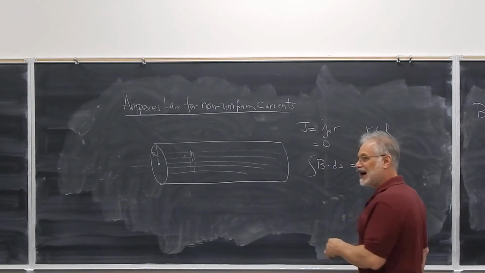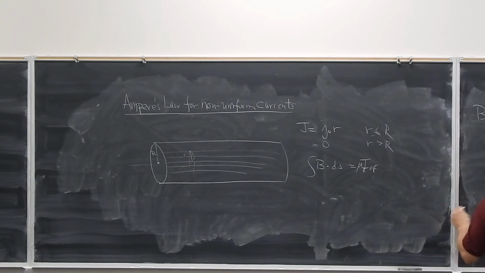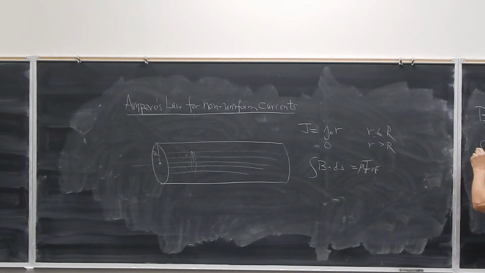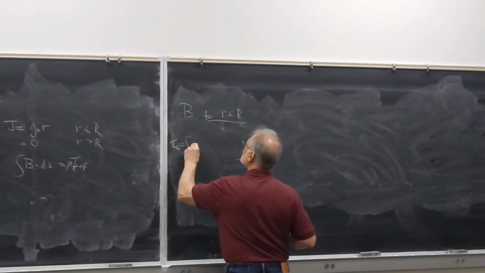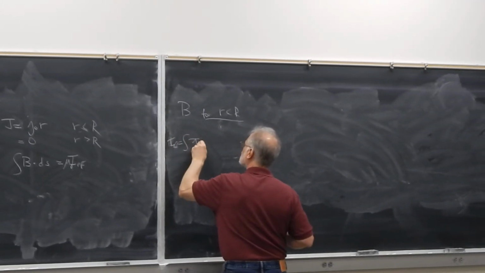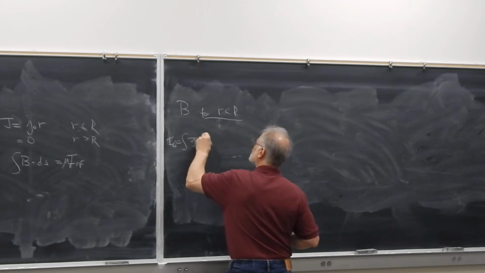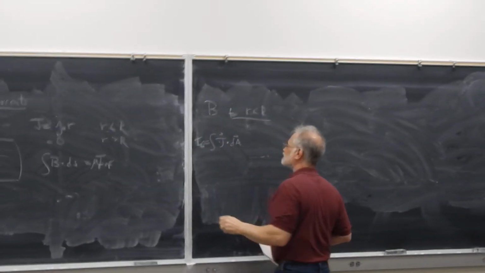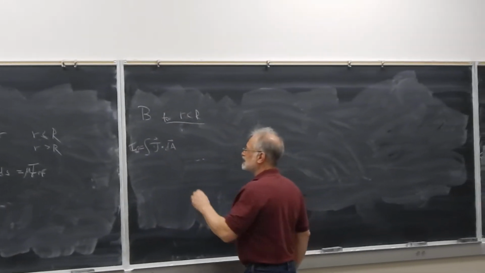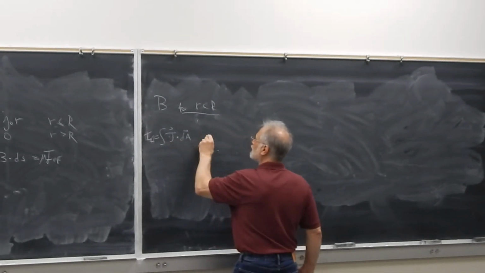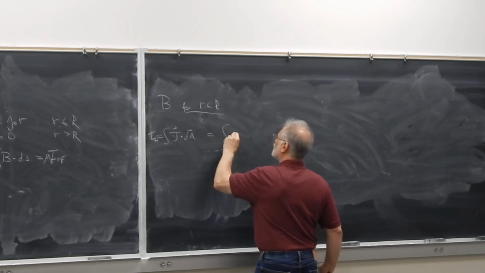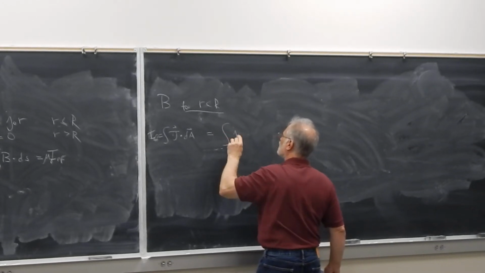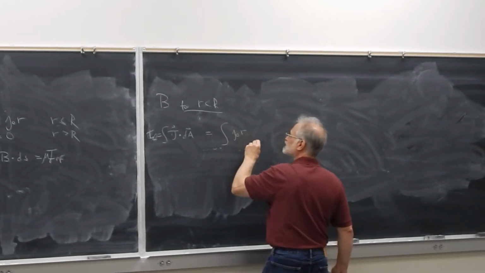So in this case, to find the effective current, I'm going to integrate. The effective current will be equal to the integral of J dot dA. In this case, J is equal to J naught, a constant, times r.